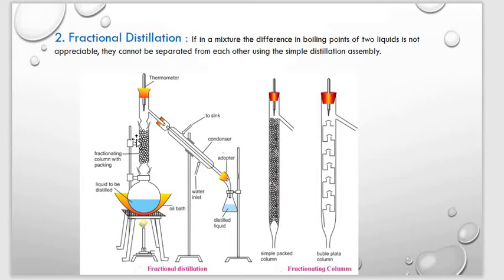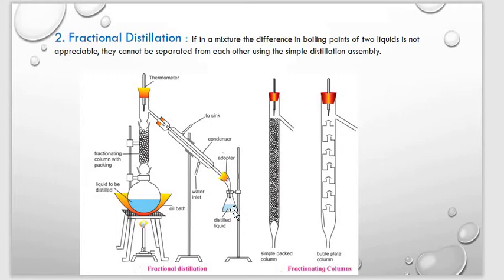In the apparatus for fractional distillation, the distillation flask is assembled with a fractionating column. Vapors of the more volatile liquid with low boiling point rise up more than the vapors of the liquid having a higher boiling point. Then the vapors will be condensed with the help of the condenser and collected in the receiver flask.